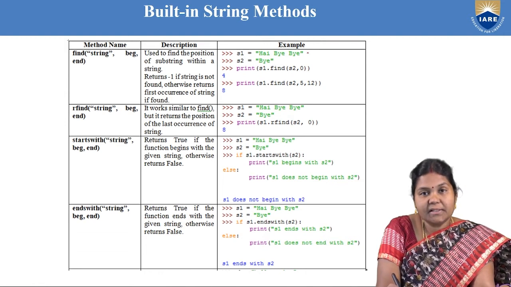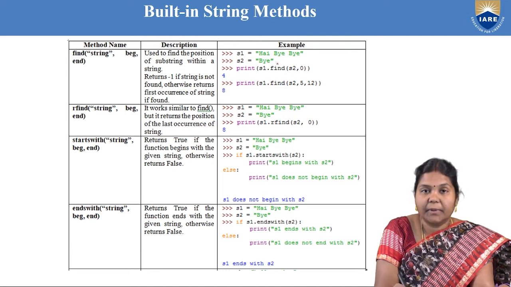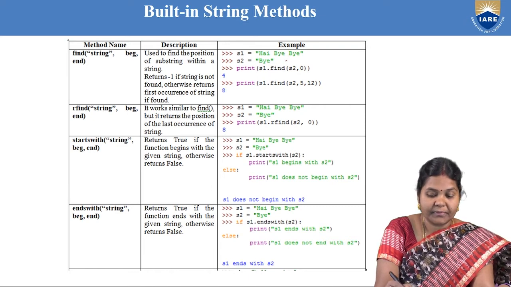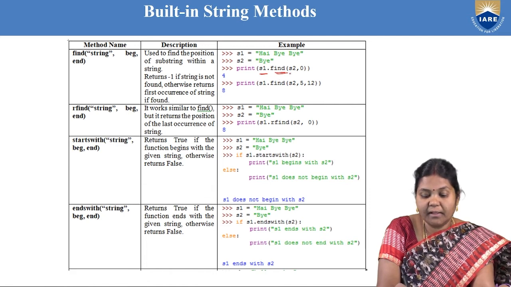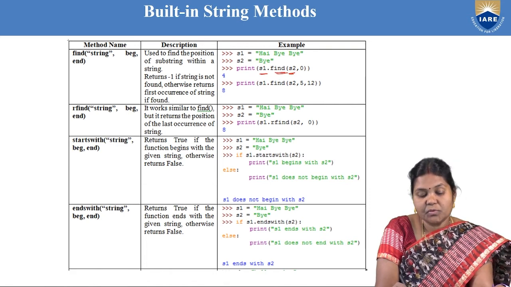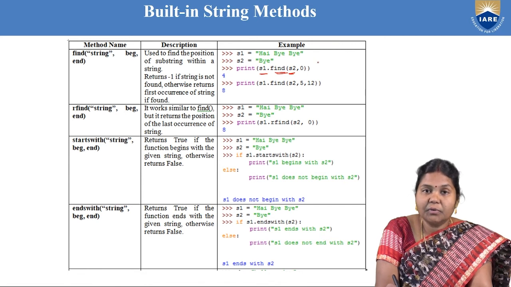Suppose S1 is a string containing hi, bye, bye. S2 is a string containing bye. Now I want to check whether the substring S2 is present in the main string S1 or not. Then you can write print S1.find of S2, 0. In the find function, there are 3 arguments.